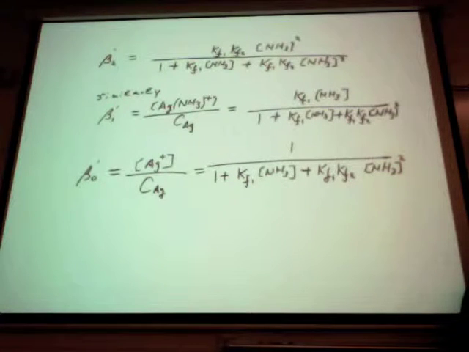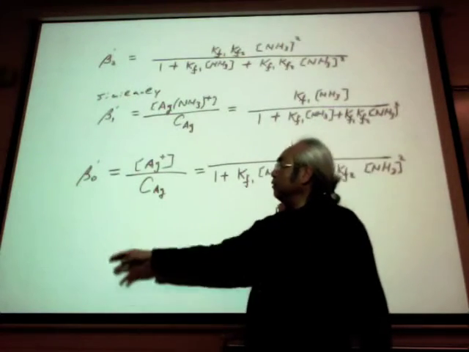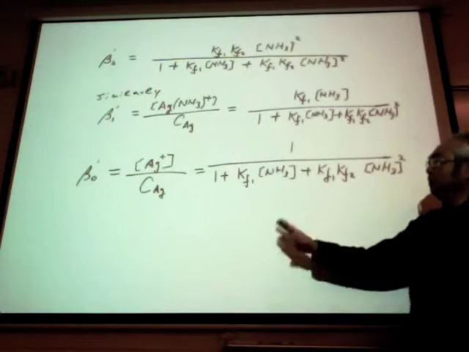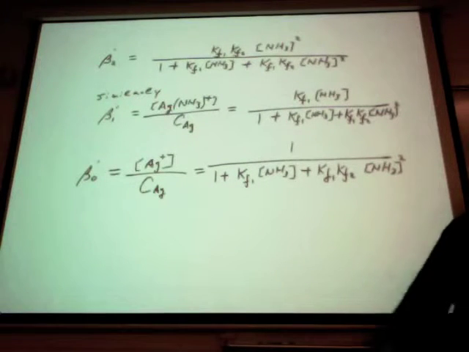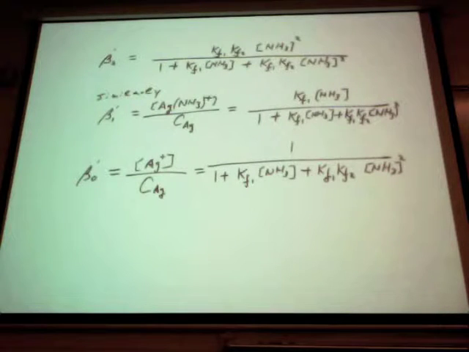On an exam problem, I might ask you to derive the beta naught fraction in relationship to the Kf and ammonia concentration.